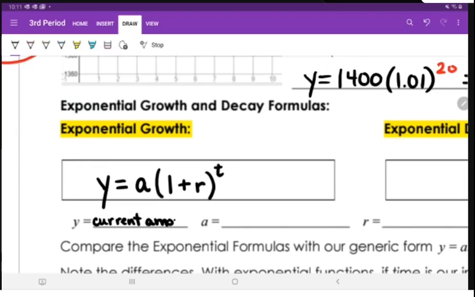Unfortunately, I can't get any more specific than that. I can't tell you what it's an amount of because every problem is going to be different. In the example we just did, Y was the number of Cooper students. But in other examples, it'll stand for different things. So just think of Y as your current amount of something. A is your starting amount.